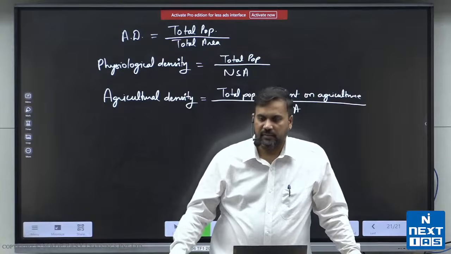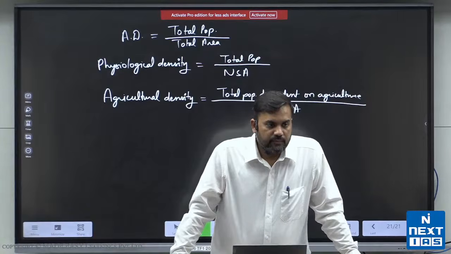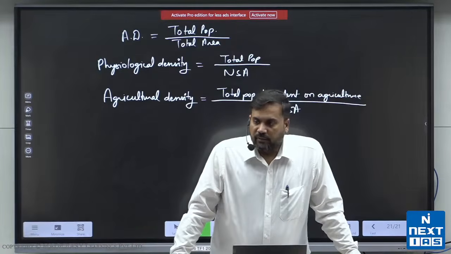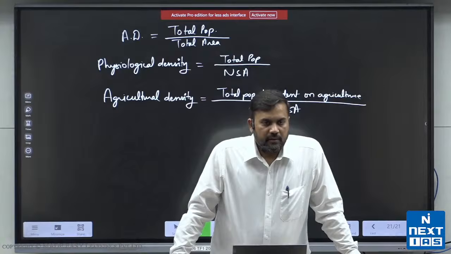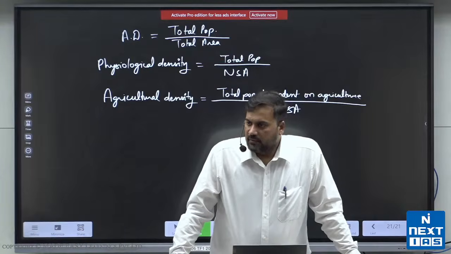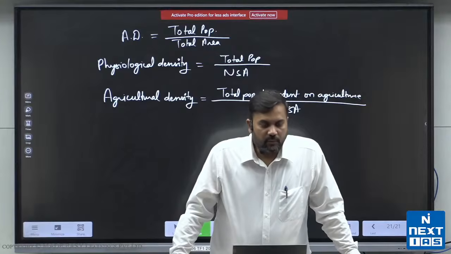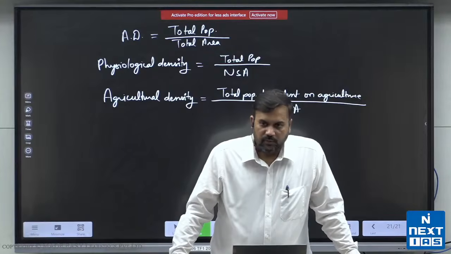एक बार टेस्ट में मैंने एक क्वेश्चन पूछा, explain the various types of population density. ठीक है? What was the result? What would have been the result? उस क्वेश्चन में सबको जीरो मिला, सबको.